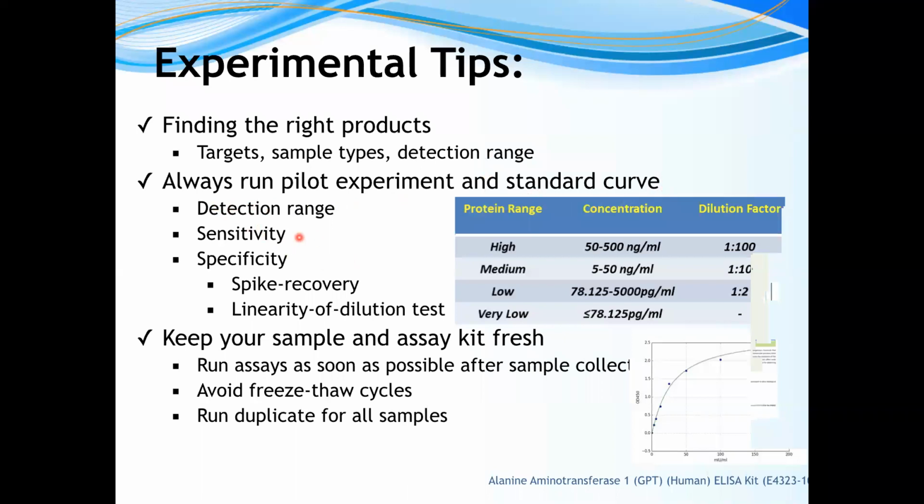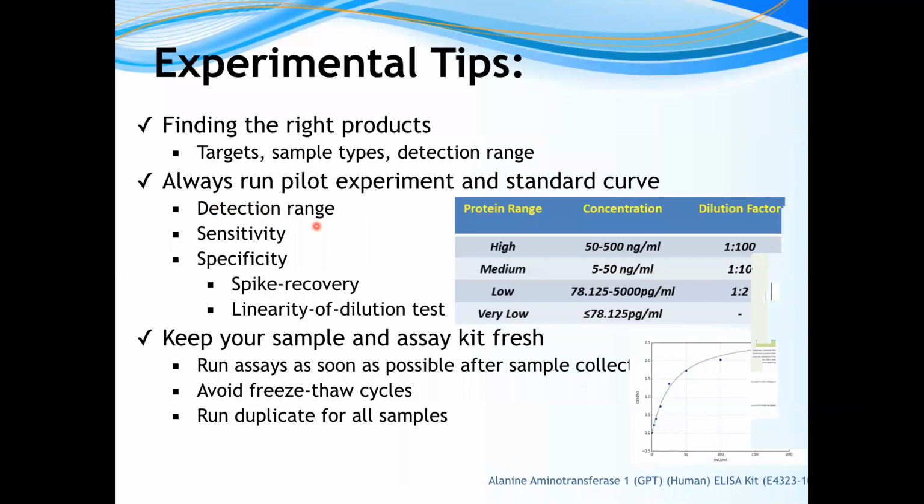Along with this, it is always very important to determine the detection range of the kit. As I just mentioned, if an ELISA kit can offer a broad detection range, it is always good to go for it.